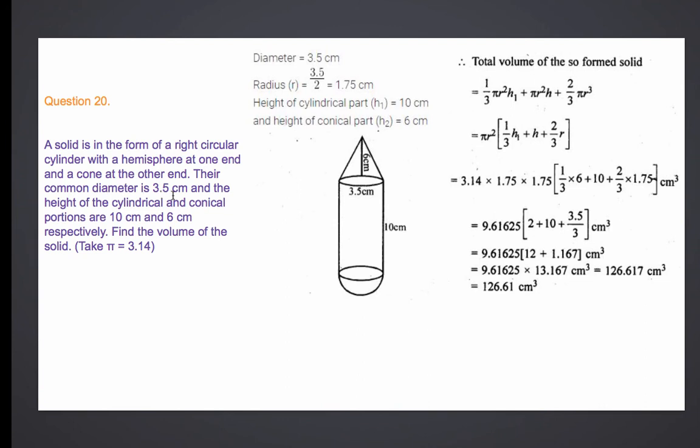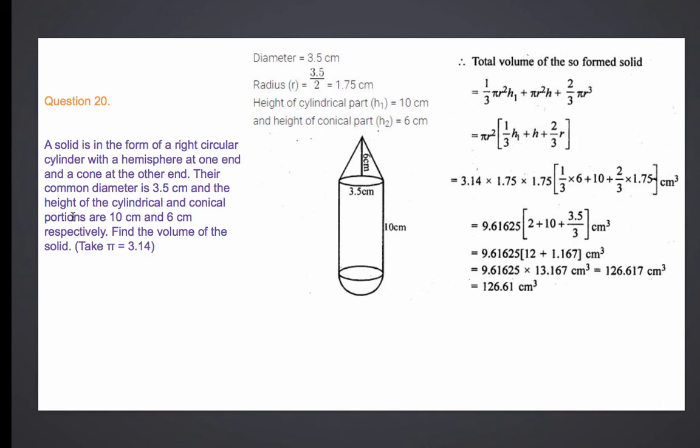Their common diameter is 3.5. If the word is written very clearly, common diameter, it means for each, whether it's the cone, the hemisphere or the cylinder, the diameter is 3.5, which gives the radius everywhere as half of it, that is 1.75 centimeter. Fine.